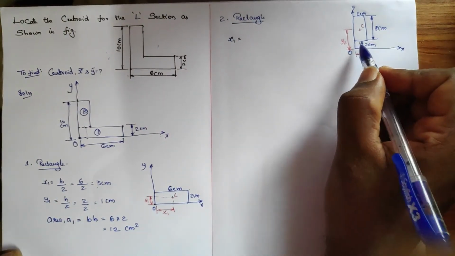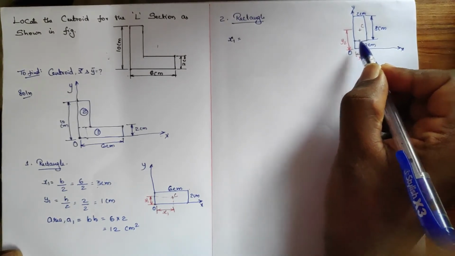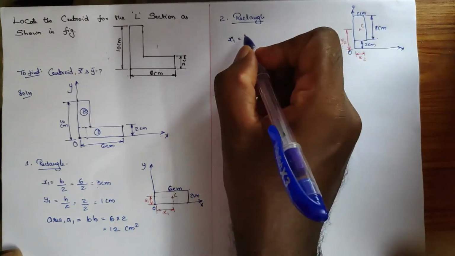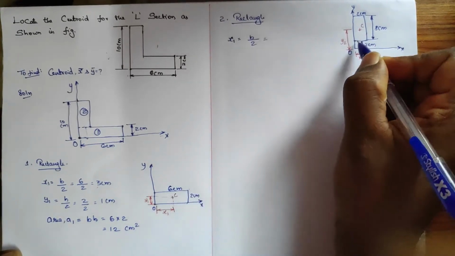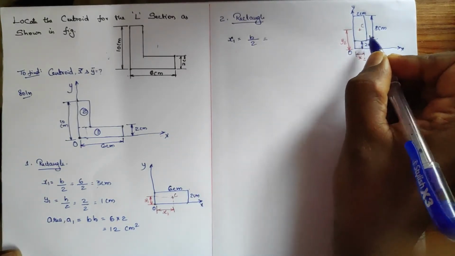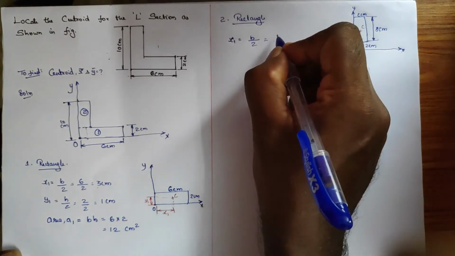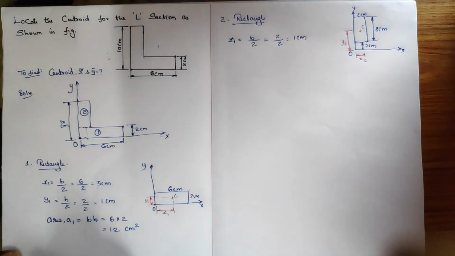Here you see the component starts from the end of O, right? So just its own centroid alone. So here b divided by 2, length divided by 2. What is the length of this object? 2 centimeter. So 2 divided by 2, we get 1 centimeter, right?